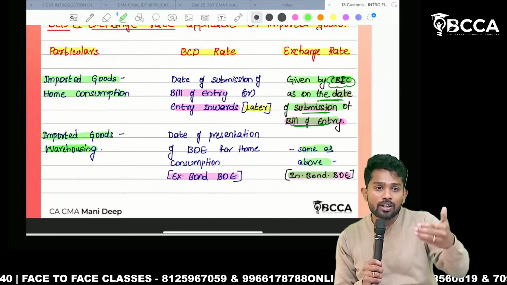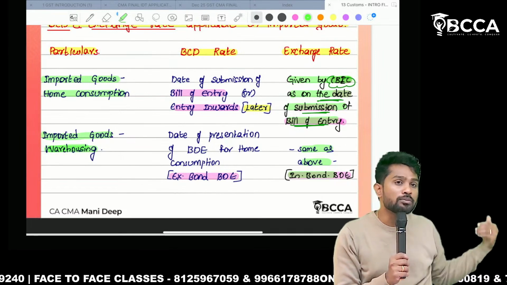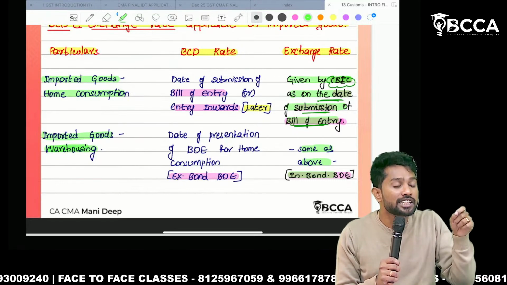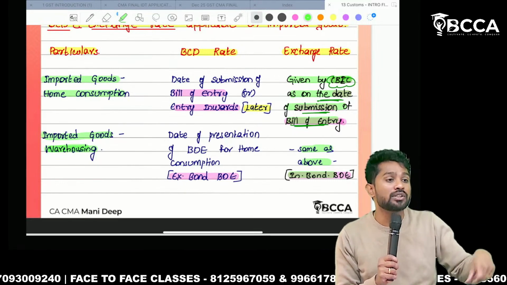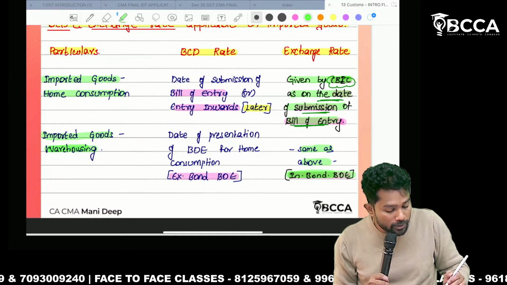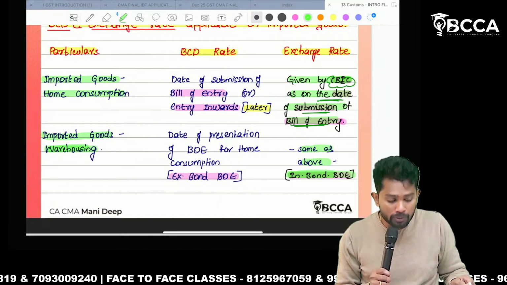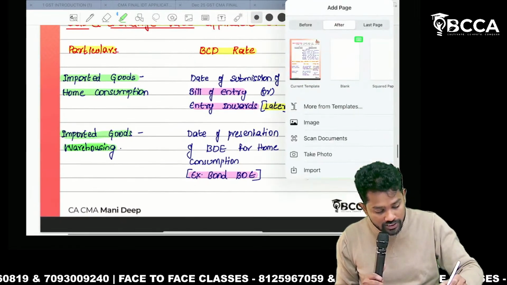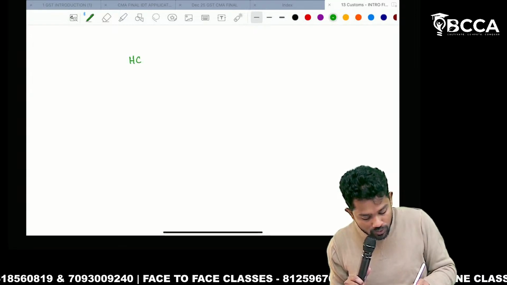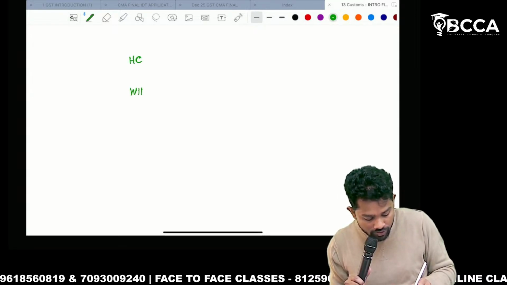One is the in-bond bill of entry, and then while removing from the warehouse, there is the ex-bond bill of entry. So which date's exchange rate should you take? You should take the exchange rate as on the in-bond bill of entry. Sir, once again I am writing exchange rate: direct home consumption, here it is warehousing.